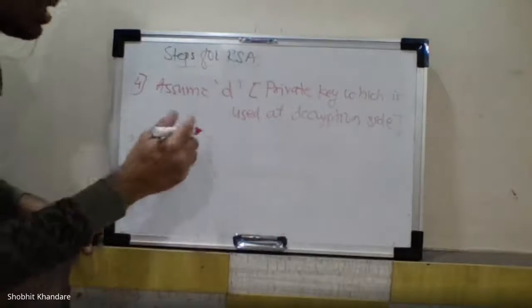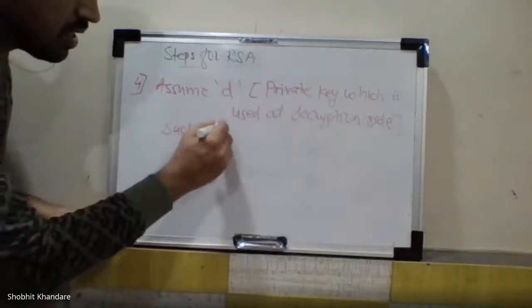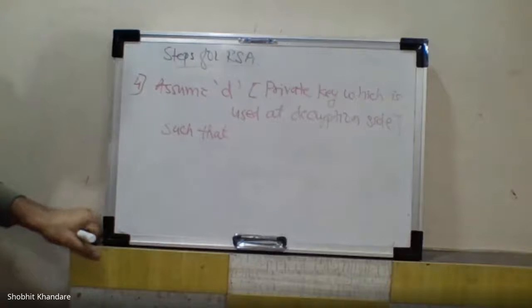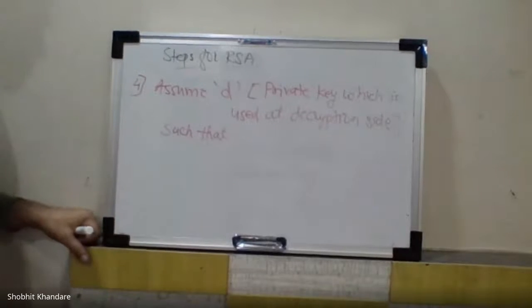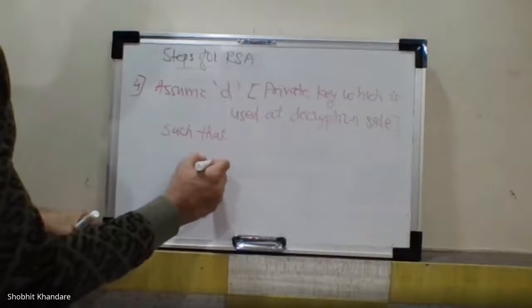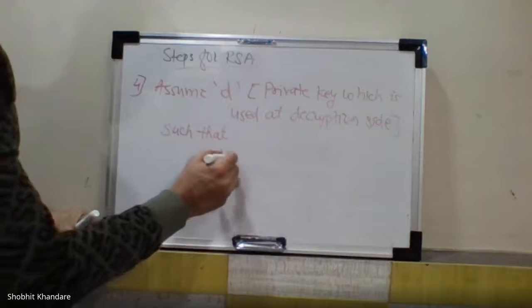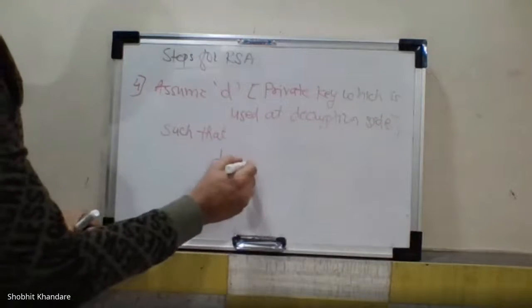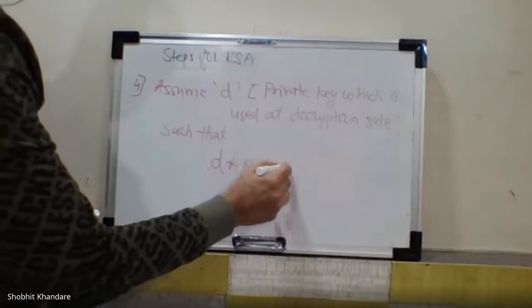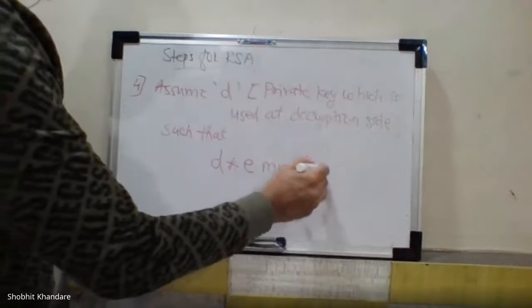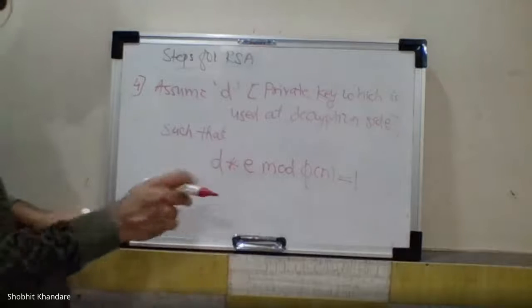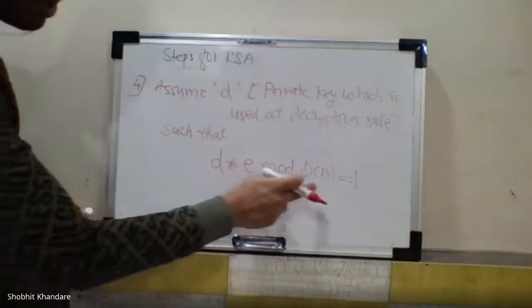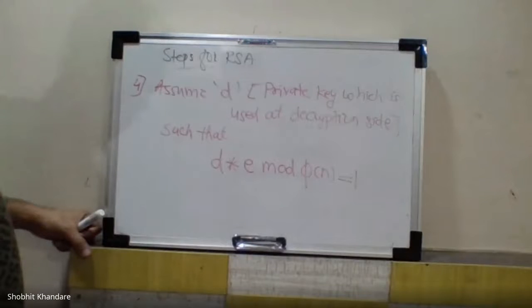Such that here also there is a condition, and here there is only one condition: d into e mod of phi of n is equal to 1.